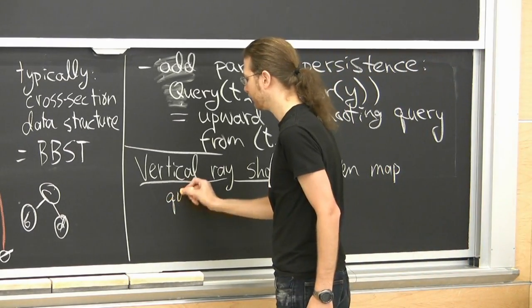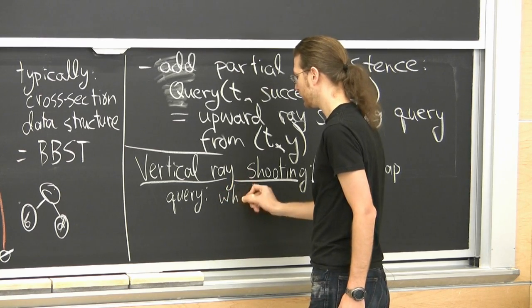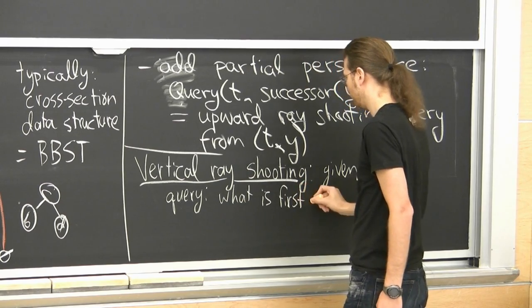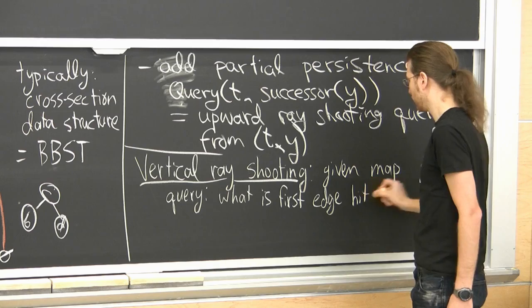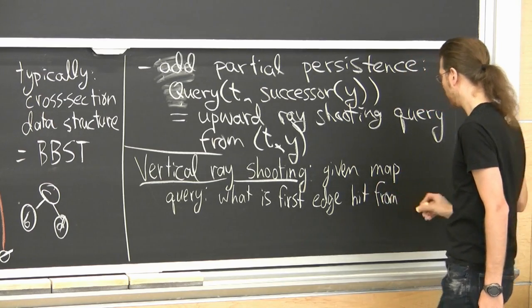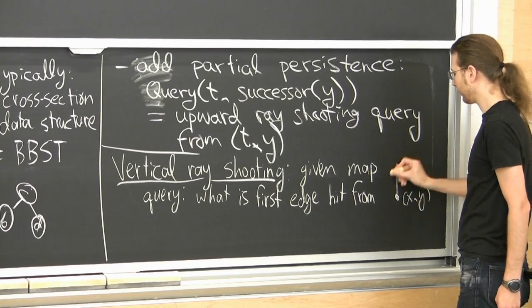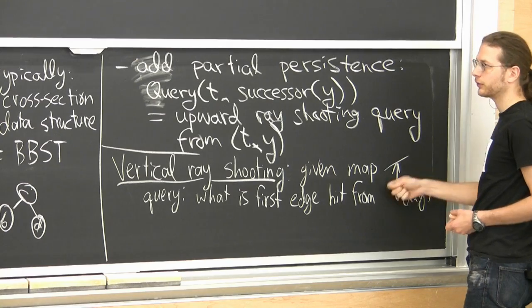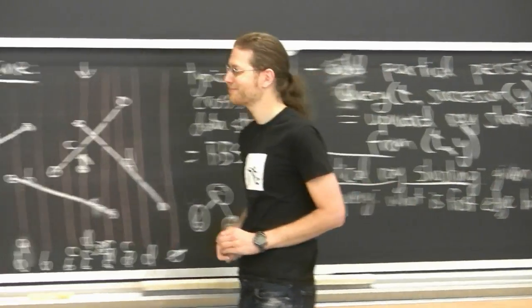What is the first segment that you hit with an upward ray? So I give you a point (x, y), and I ask, if I go up from there, what's the next edge that I hit? That's a vertical ray shooting problem.